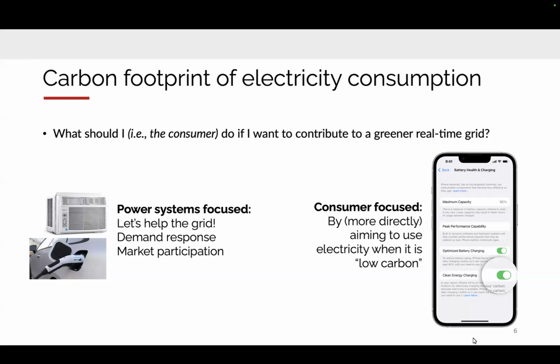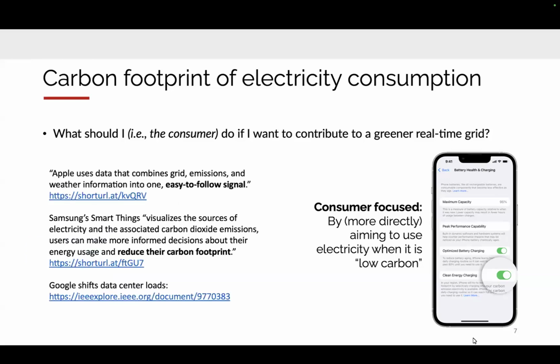And so one example of this is the iPhone, which has clean energy charging by default. There have been a number of such efforts. One example from Apple is creating easy to follow signals that are supposed to help an iPhone and other devices understand when the electricity is greener, so you can charge then rather than during high carbon times.